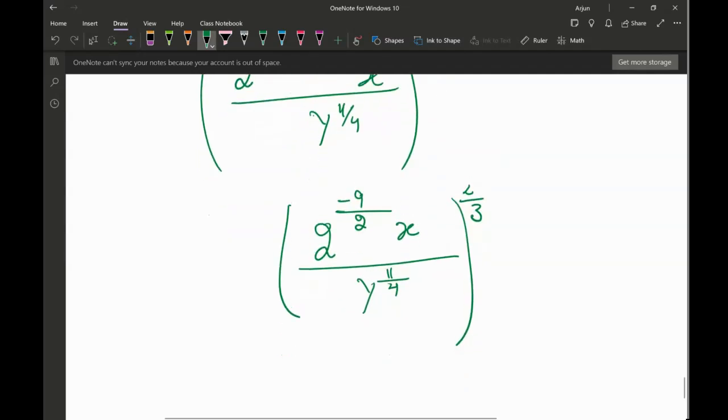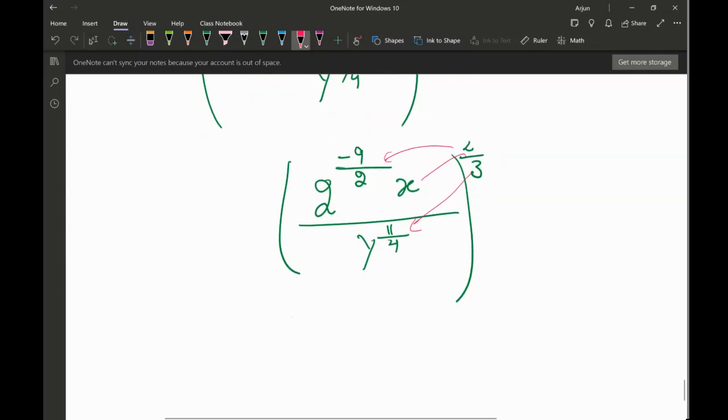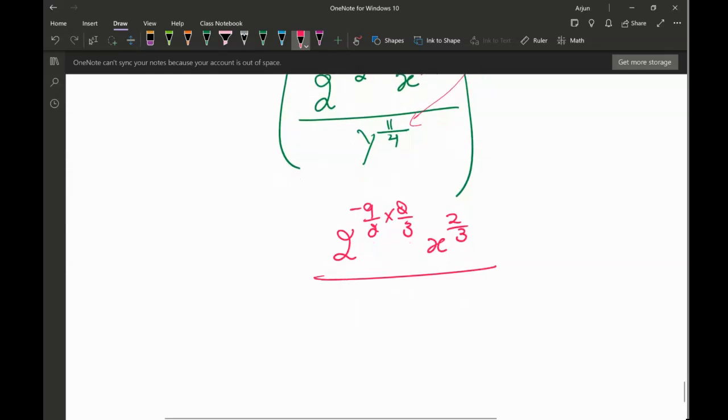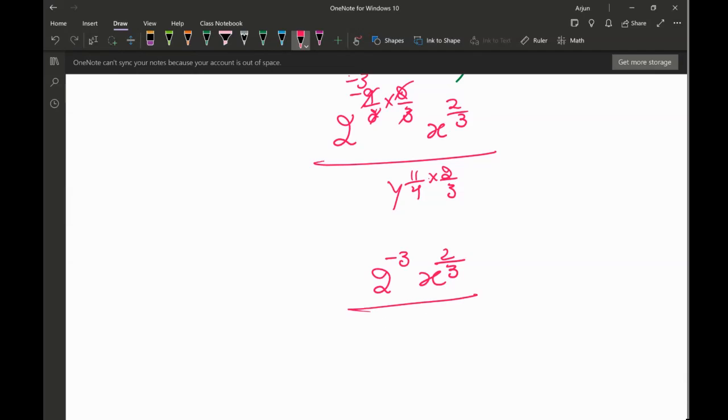Now I can start opening up the exponent because I cannot further simplify within the brackets. So I will multiply this here, this will go here, this will go here. So let's do the math. 2 to the power of negative 9 over 2 multiplied by 2 over 3, x to the power of 2 over 3, and then y to the power of 11 over 4 times 2 over 3, and then this cancels out, this will be negative 3, and then 2 to the power of negative 3, x to the power of 2 over 3, and then y divided by y to the power of 11 times 2 over 12.